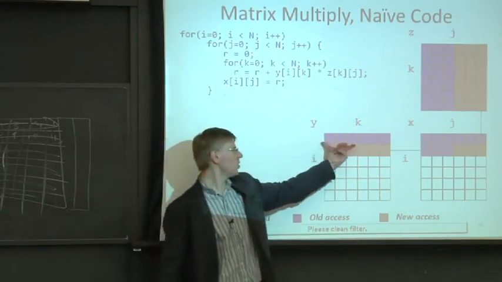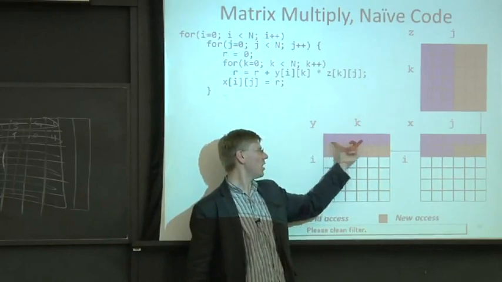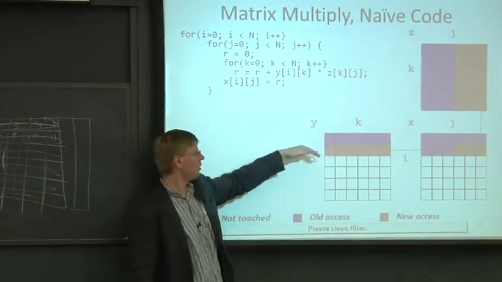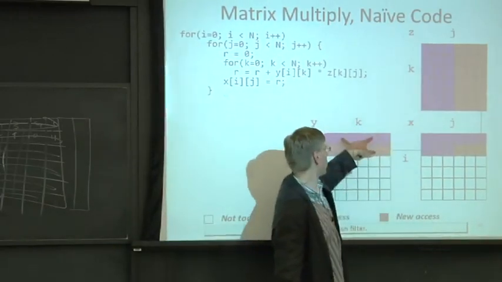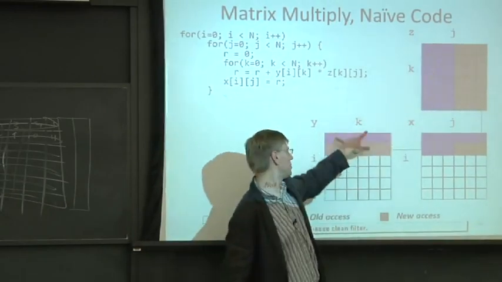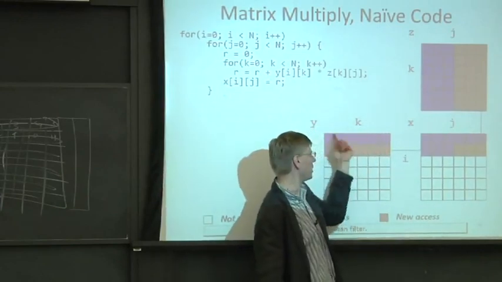And over here, we're pulling in line after line, even though one of the interesting things is after we do this multiplication times that, we're going to do this multiplication by the next one, which sounds good. You know, this times this times this. We should be getting temporal locality here.